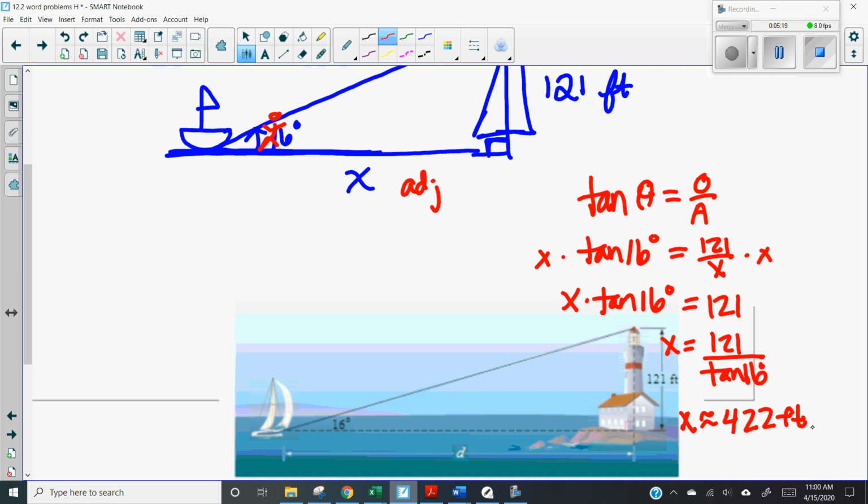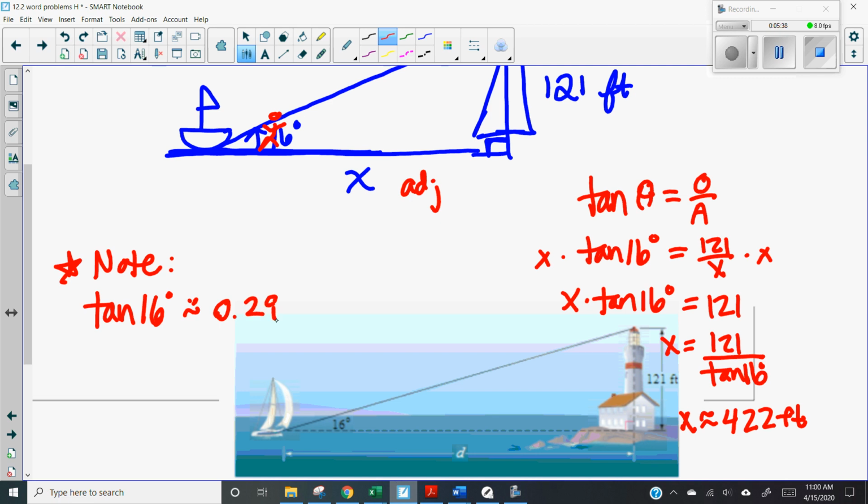Okay, let me pause since we're just doing this one example together. Let me backtrack a bit. If I put tangent of 16 in my calculator, this is just a little note, tangent of 16 degrees is about 0.29.